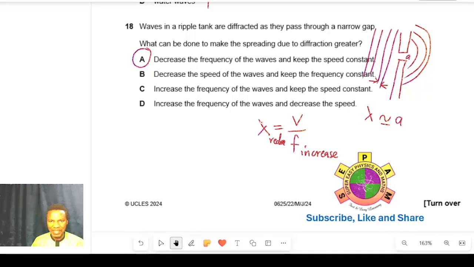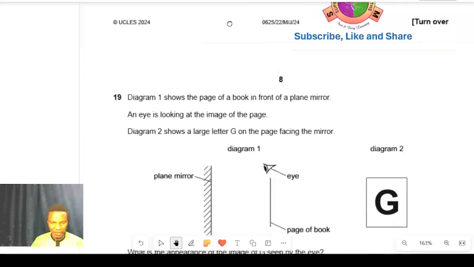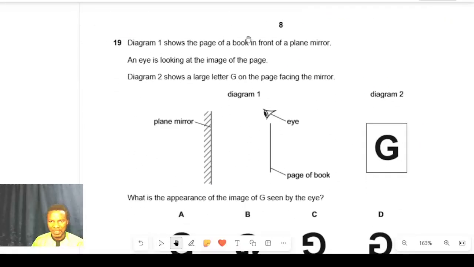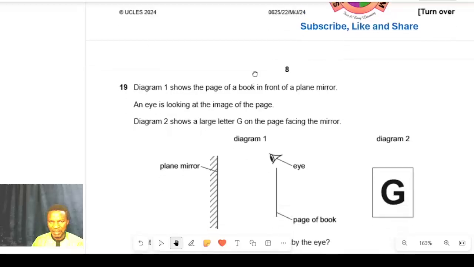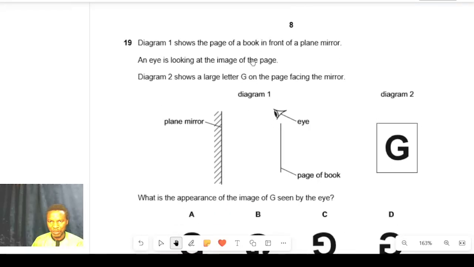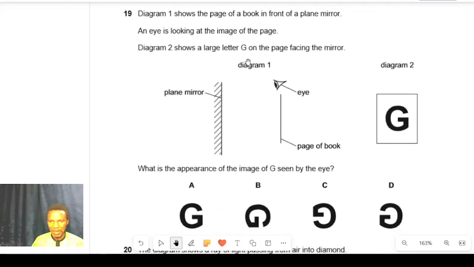So right, let's finish this part 1. We're going to answer the first 20 questions just to make the video timing easier for you to follow. This one is about image formed by a plane mirror. The eye is looking at the image on the page, and this is the letter G on the paper.